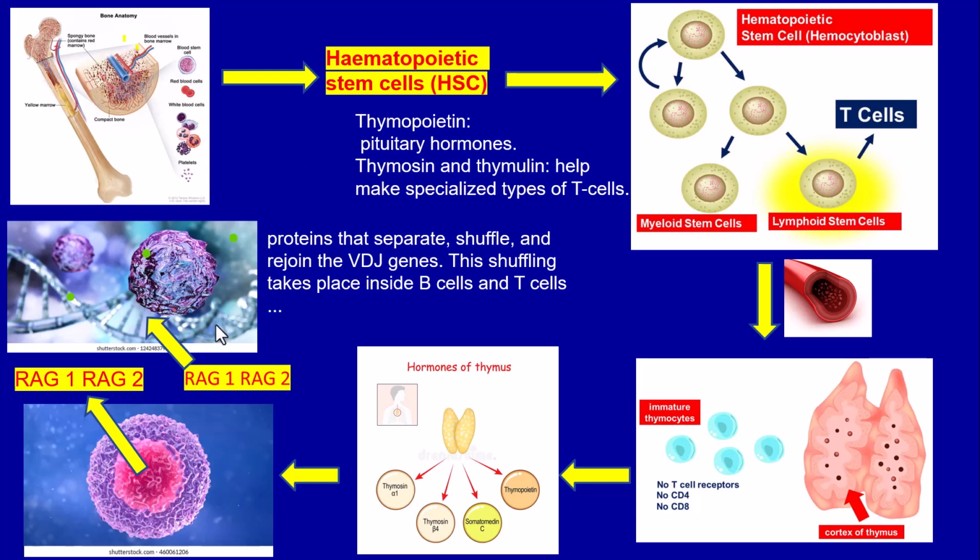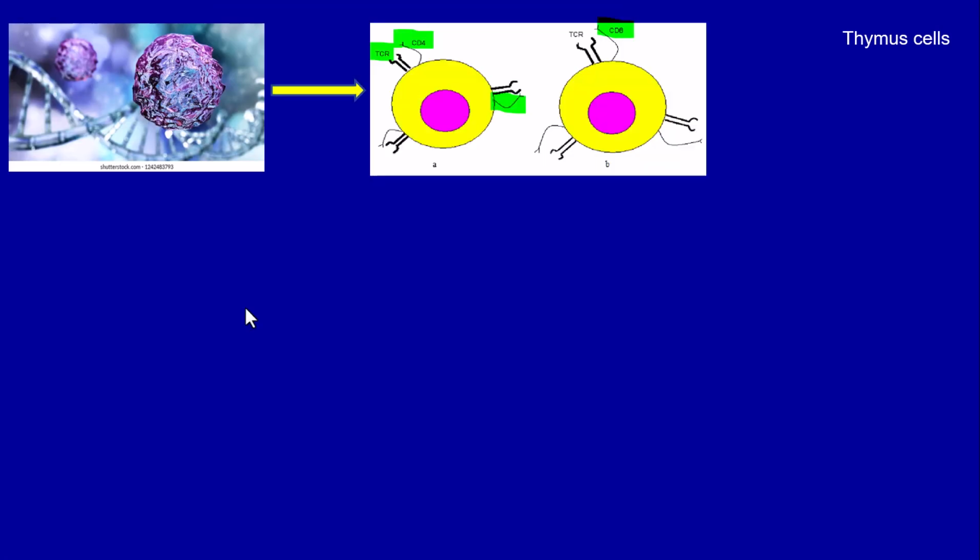This reshuffling causes the production of a receptor and molecule on the surface of the T lymphocyte. This is a receptor which is made when reshuffling occurs, and RAG1 and RAG2 act on these cells, and they produce a receptor on the surface of the T lymphocyte.